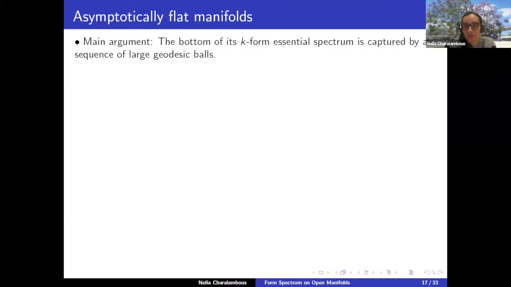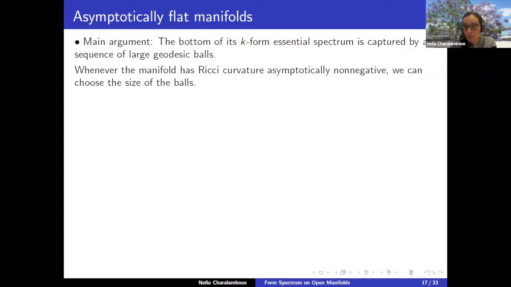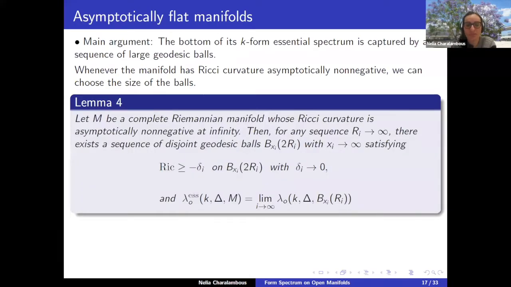The main argument, as everybody pointed out, is that the essential spectrum depends on the ends of the manifolds. And moreover, we can show that the bottom of the spectrum is captured by a sequence of very large geodesic balls. And moreover, when the manifold has Ricci curvature asymptotically non-negative, we can choose the size of these very large balls. Let me be a little bit more specific.